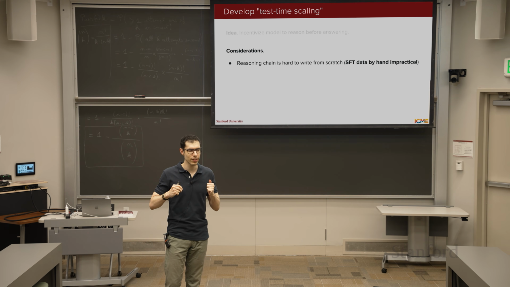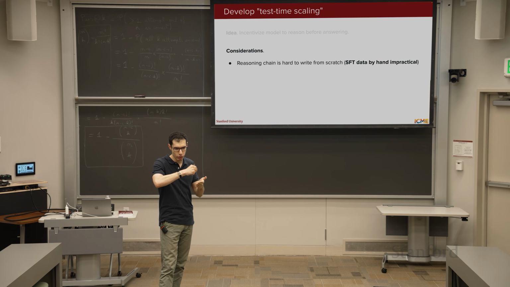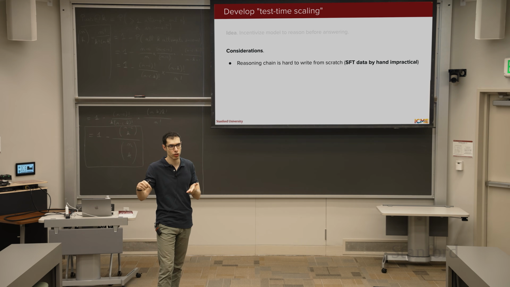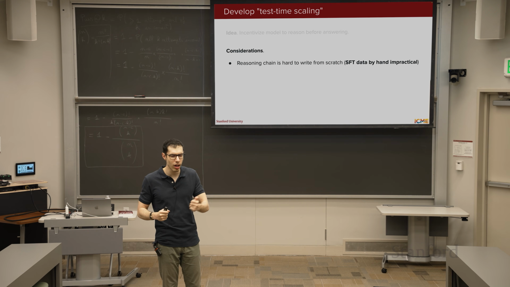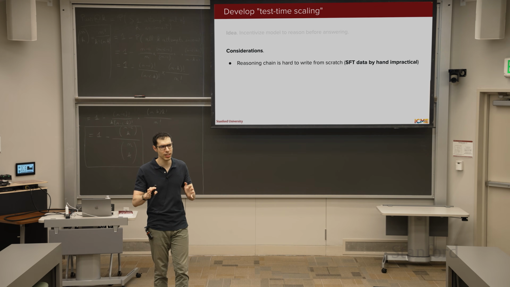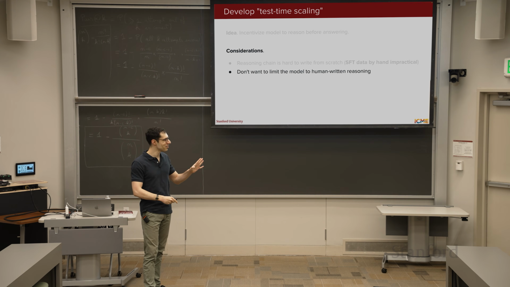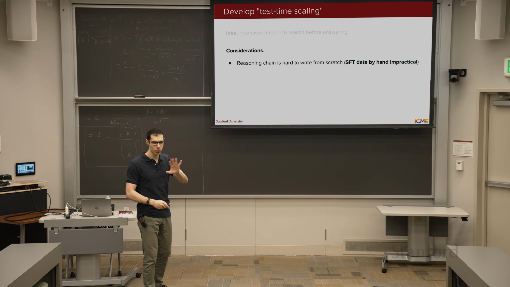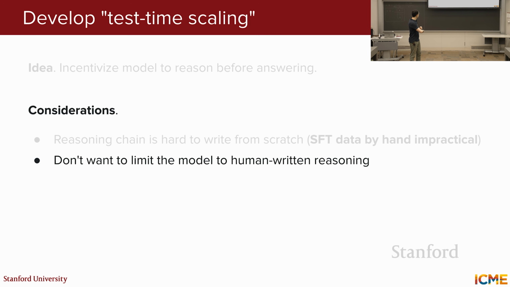But the problem with SFT is you need high-quality data, and in particular, you would need to write all of these reasoning chains. Let's suppose you do not have these reasoning chains. How do you do that? You would typically write them from scratch, but that is very hard. So that's one vote to not do SFT if we don't have any reasoning chains.